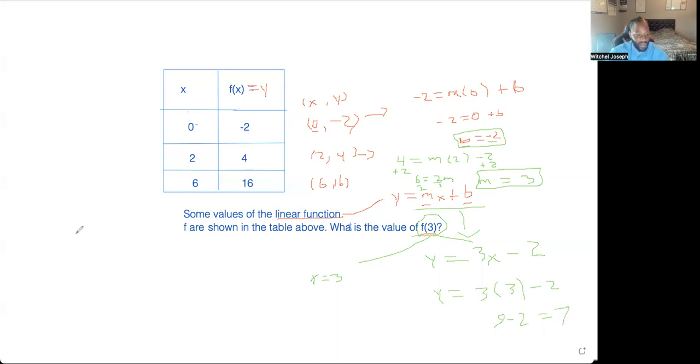So we know that the answer is B, because I didn't write the answer choices, but it was B, 7. A was, just so you know, 6, C was 8, and option D was 9. So now the correct option is actually B, 7.